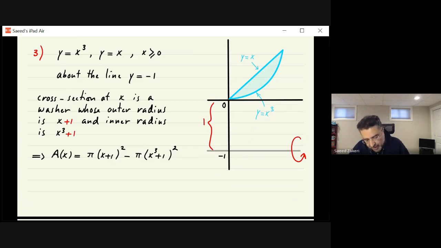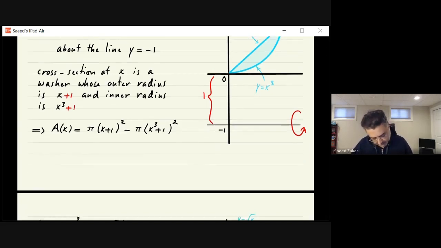Again, why do I have to add 1 and not any other number? That 1 is this distance. So if the axis of rotation, for example, was around the line y equals -5, I would have to add 5 to both these functions. And then square them, take the difference, integrate, and then multiply by pi.